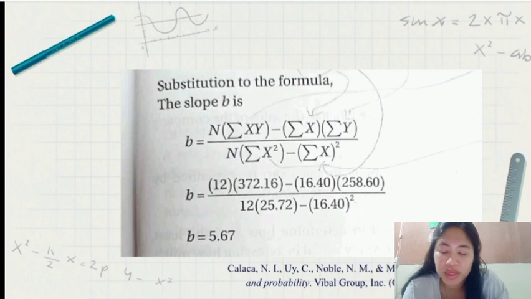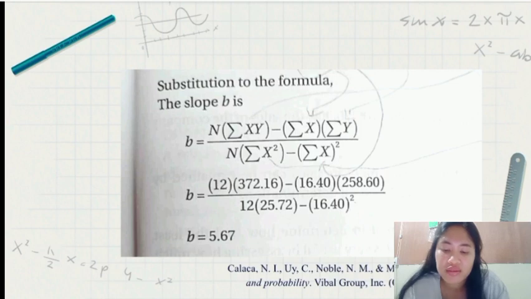To substitute into the formula, the slope b equals n multiplied by the summation of xy minus the summation of x multiplied by the summation of y, over n multiplied by the summation of x squared minus the summation of x, squared. Substituting, b equals 12 multiplied by 372.16 minus 16.40 multiplied by 258.60, over 12 multiplied by 25.72 minus 16.40 squared.